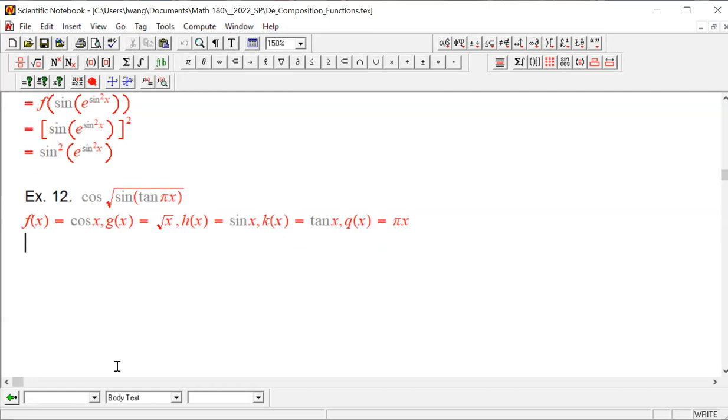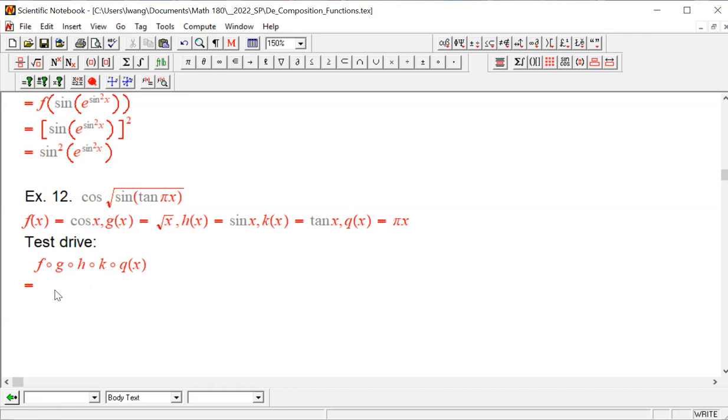So now let's test drive it. We're going to have f composite g, composite h, composite k, composite q of x. So it's like a chain, and that's how you're going to learn the chain rule in calculus. Chain rule, that's what makes the chain.